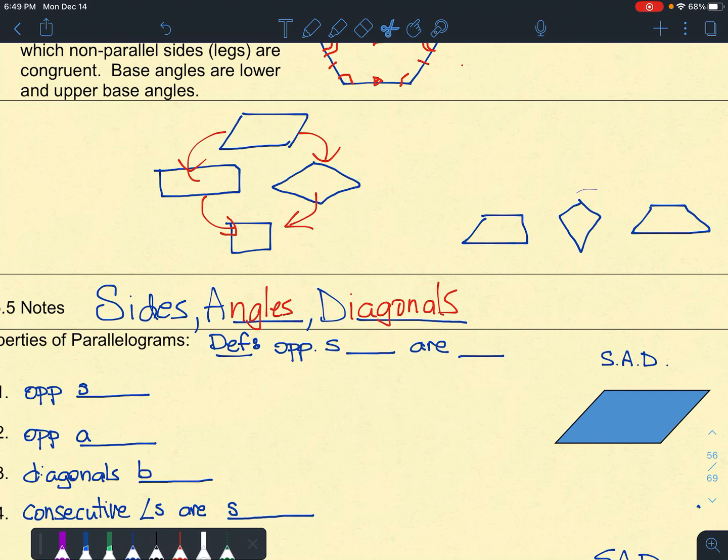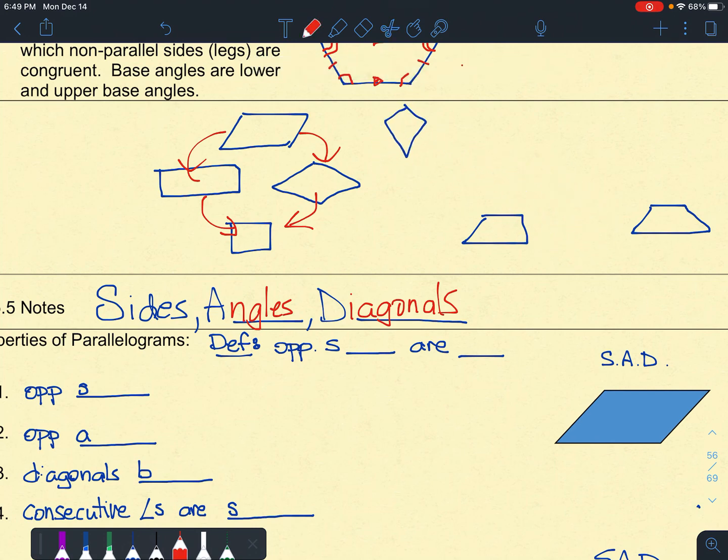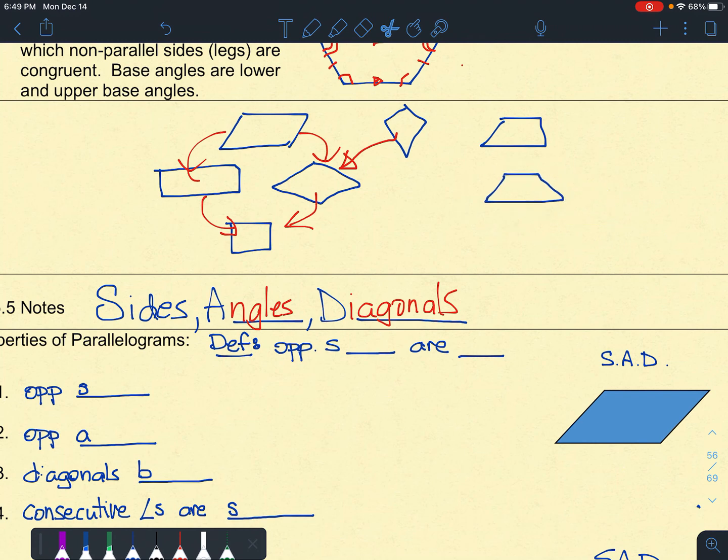A kite is neither a parallelogram, but much like a parallelogram is related to a rhombus, so a kite is related to a rhombus. And then the last two, the two strange ones, the trapezoid and the isosceles trapezoid, are kind of in their own little sphere.